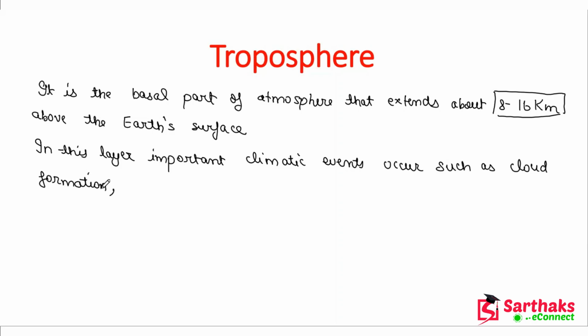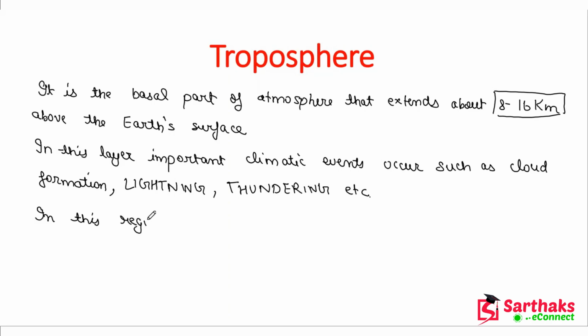The second one is lightning, thundering, etc. Now, in this region, air temperature gradually decreases with height.